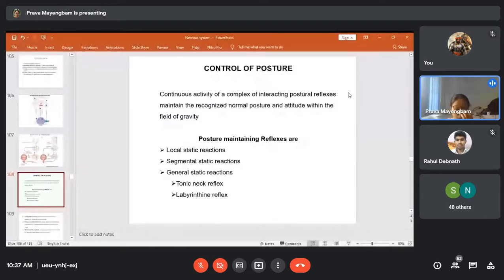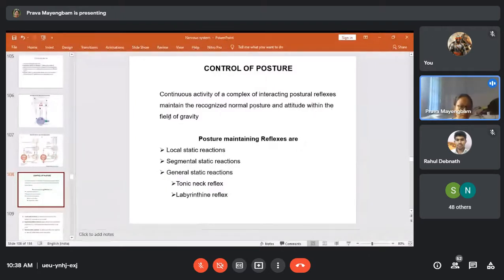It is continuous activity of a complex of interacting postural reflexes. These maintain the recognized normal posture and attitude within the field of gravity.